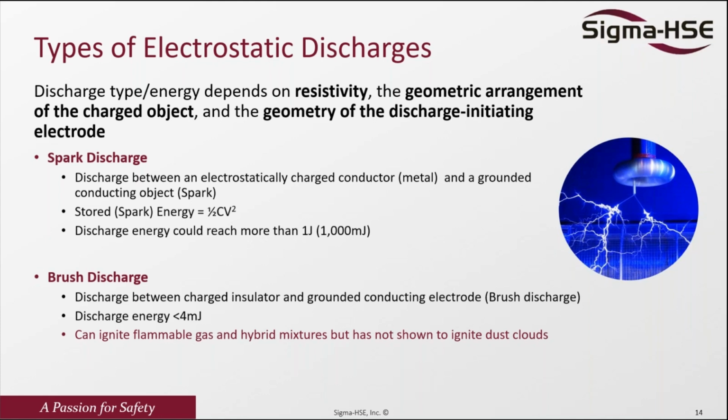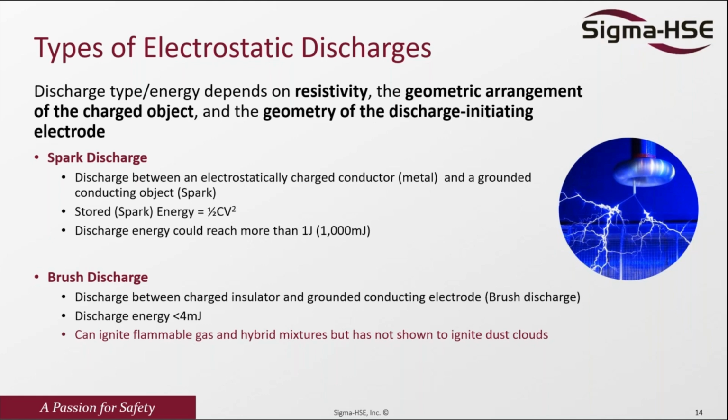And usually you can calculate the stored energy using half capacitance times voltage squared. In this case, you will be able to know the capacitance of the amount of energy which is being stored, whether in picofarad or microfarad. And you also know the voltage. And in this case, you'll be able to calculate the stored energy.